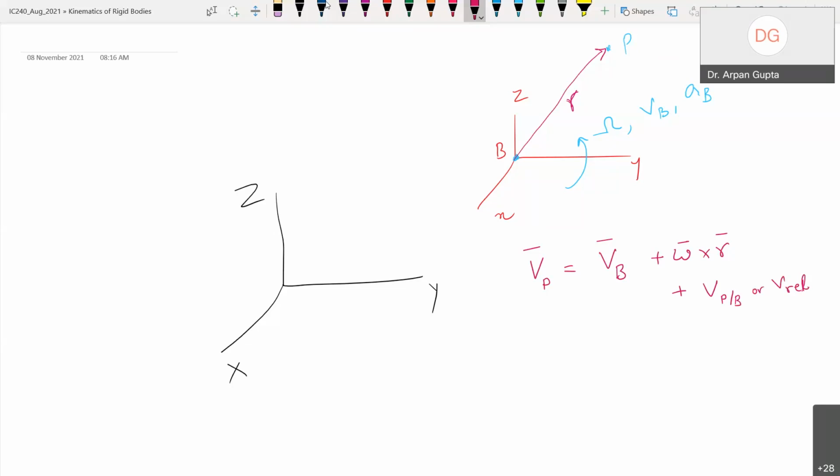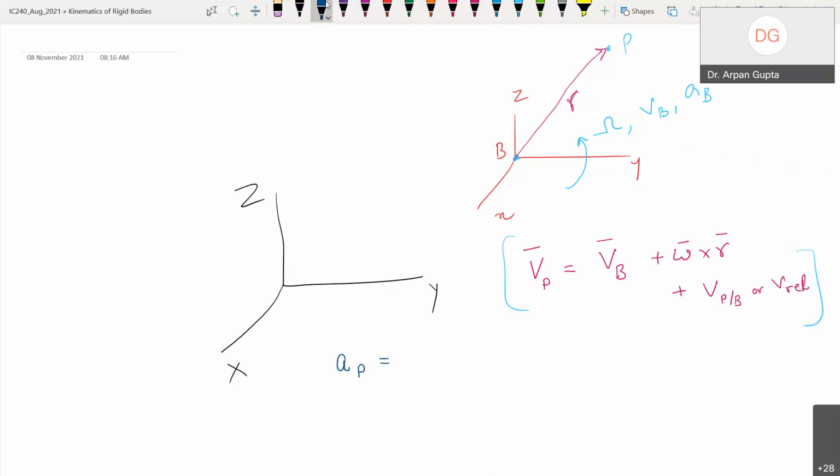So this is the relative velocity of point P as observed from frame B. The idea is that it will be easier to observe point P from the frame B, and then convert everything to the fixed frame. So this is the general expression for velocity, right?